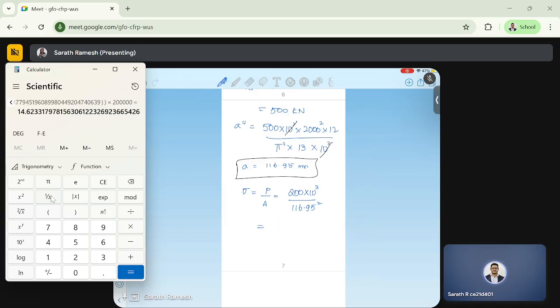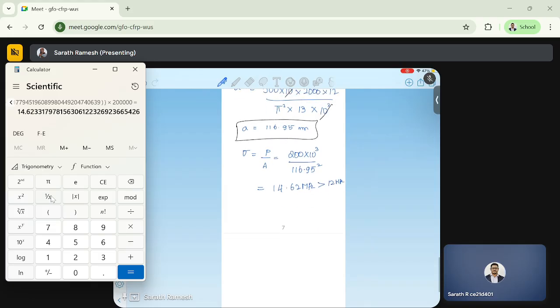So here it goes more than 12, which is allowable. So it's not safe. Okay, we have to revise this dimension.